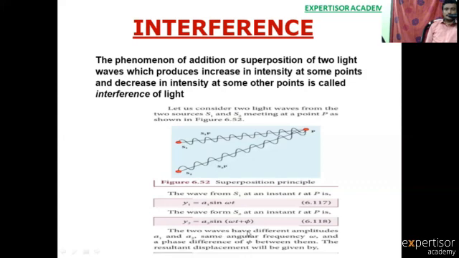The two waves have different amplitudes a1 and a2, the same angular frequency omega, and a phase difference of phi between them. The resultant displacement is given by y is equal to y1 plus y2, that is equal to a1 sin omega t plus a2 sin (omega t plus phi).